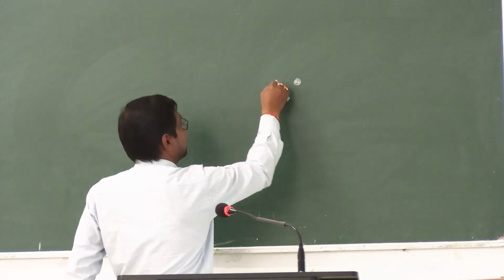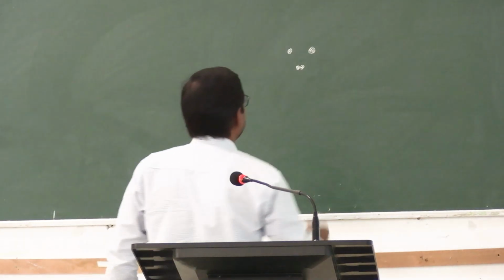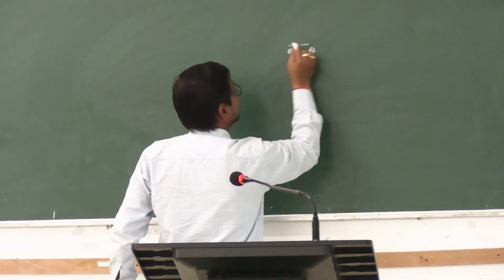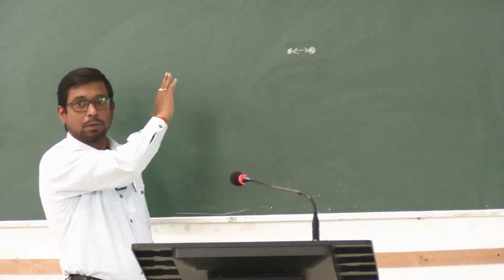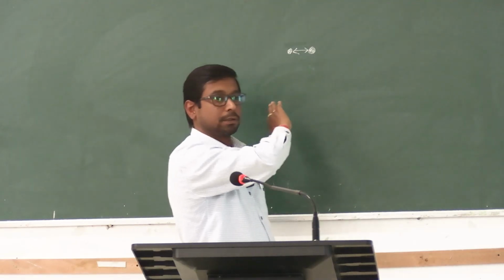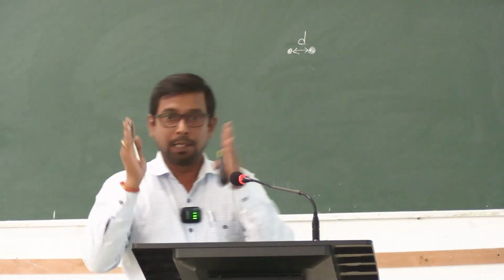This distance between two dots or two lines, as separate entities, is called the limit of resolution. This is D. These two dots are separate entities, and D should be smaller, then the resolution will be higher.